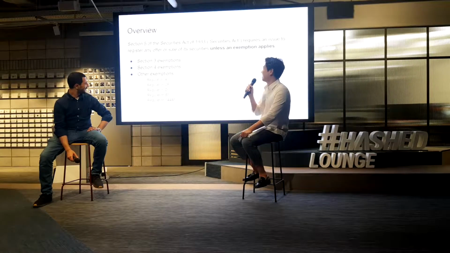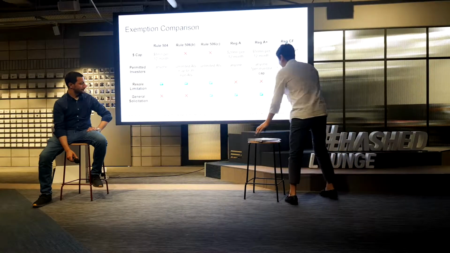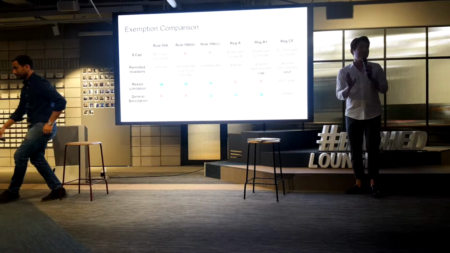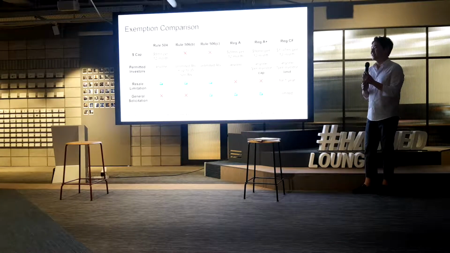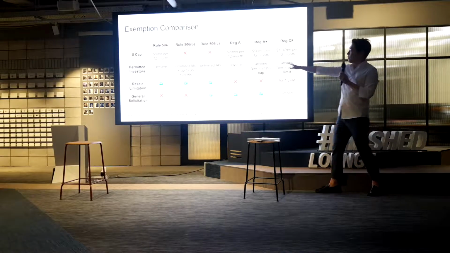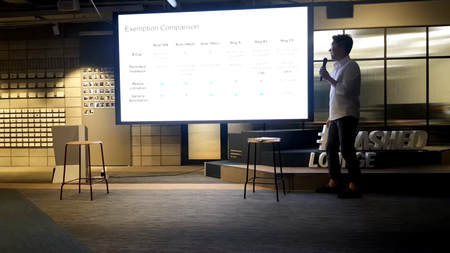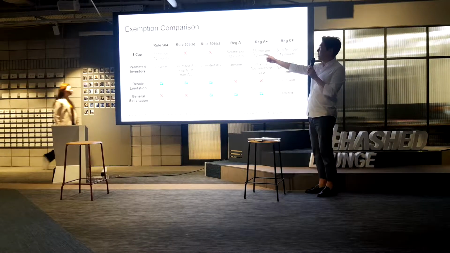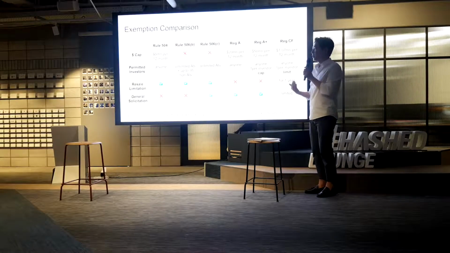Okay, so next slide, please. I made a very simple chart for you to understand and appreciate the differences between all the rules. The first three columns are Regulation D exemptions. As you can see, there are four important pieces of information that we need to take into consideration.